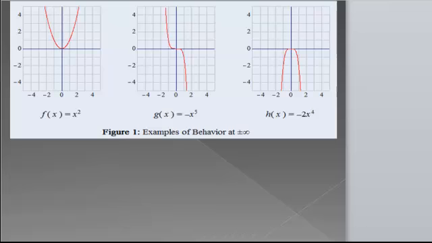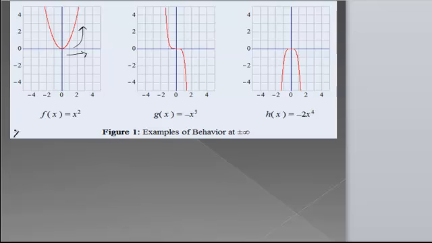The next thing that we want to talk about is the behavior of the graph as x approaches infinity or negative infinity. So if you remember the general shapes of these graphs, your x squared function is your quadratic function, which makes this parabola. I want you to notice, as x is getting bigger, as x is going this way, what is y doing? Y is also getting bigger.